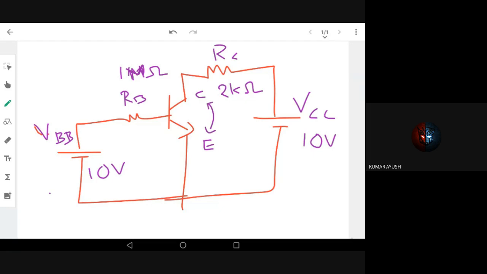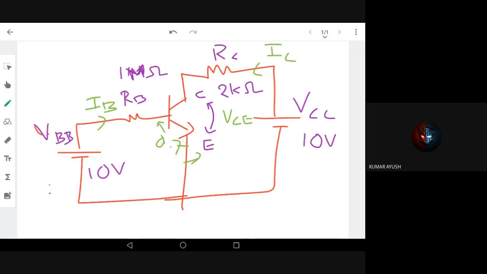Now you need to find all the voltages: VC, base current, IC. We need to find IB, IC, and VCE. VB you can assume definitely 0.7, which is already the default.